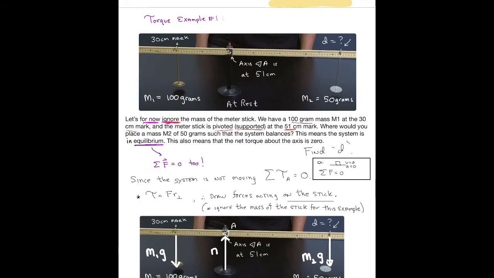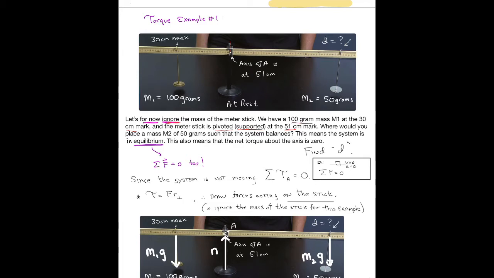Right now I just have that mass and the meter stick, and I want to know where I would have to place mass 2, of 50 grams, such that the system balances. This is just like 2 people sitting on a seesaw. You have 1 person there, and obviously the other person has to sit somewhere on the right.